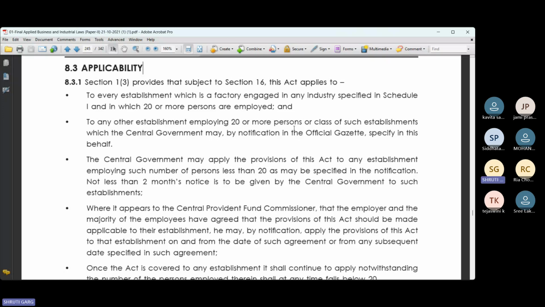Clear? And to any other establishment which is employing 20 or more persons.